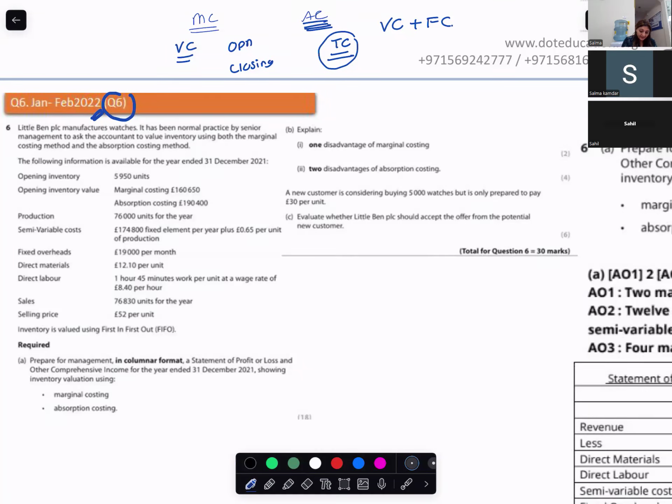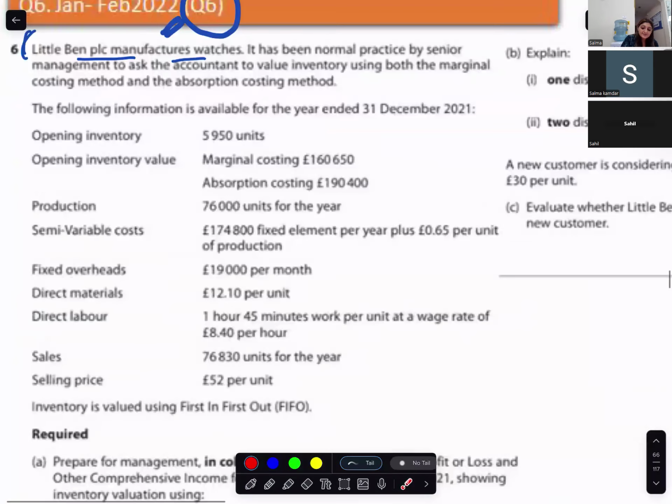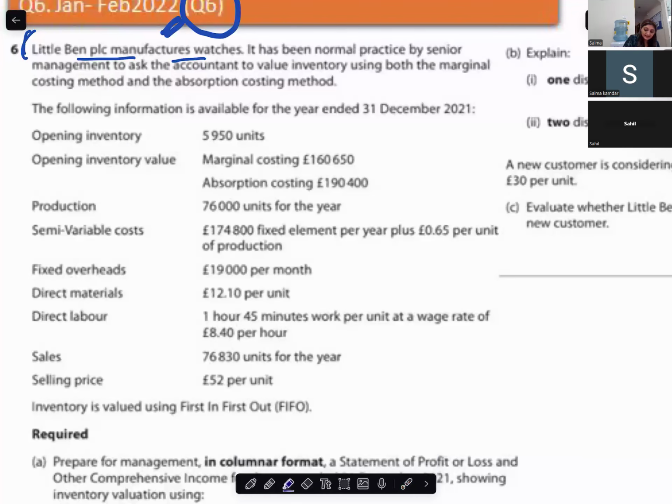I'm reading the question. The question says, Little Ben PLC is manufacturing watches. It has been the normal practice by the senior management to ask the accountant to value inventory using marginal costing and absorption costing. So this question is basically related to valuation of inventory.